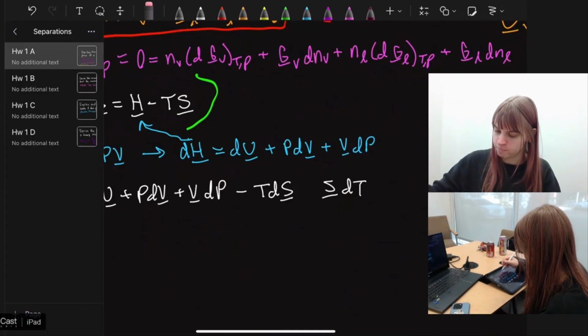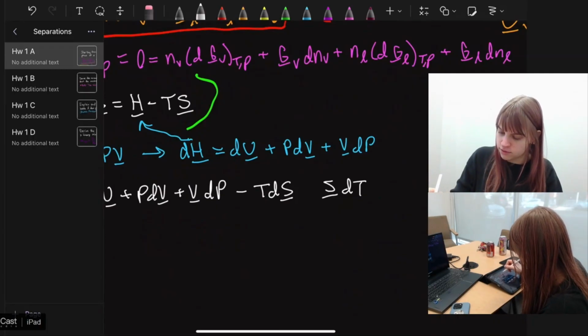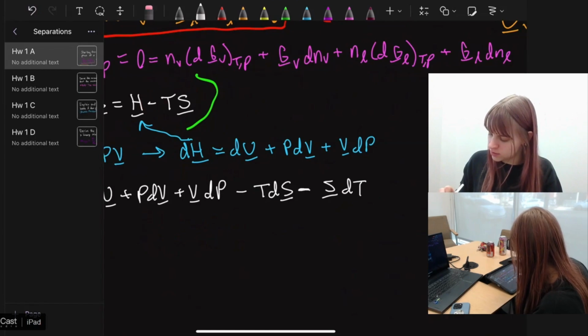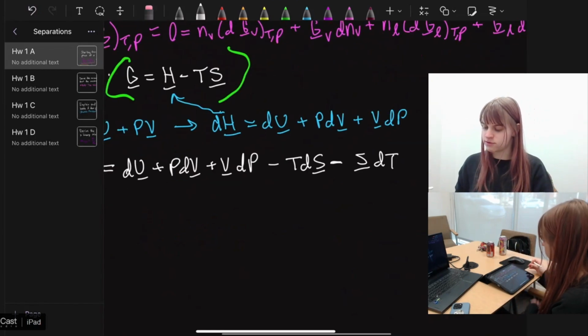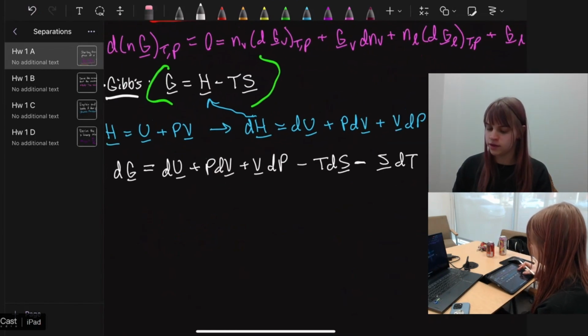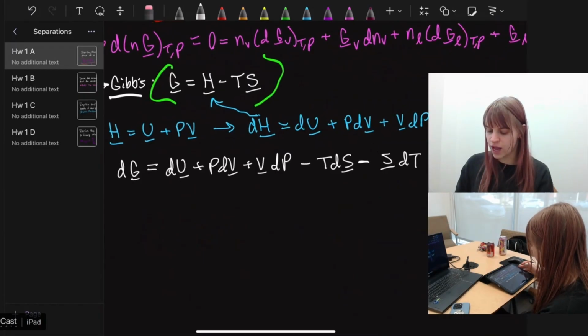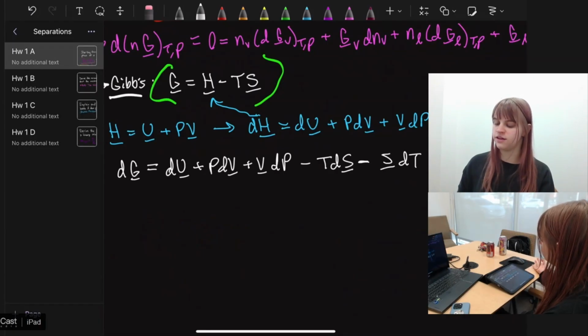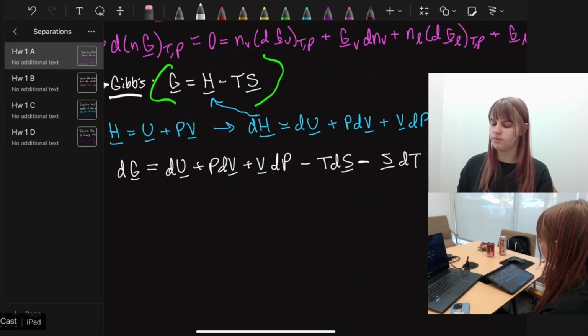Okay, that minus right here should actually carry into that S dT term. So we have the change in Gibbs free energy is equal to the change in internal energy plus the pressure times the change in volume plus the volume times the change in pressure minus the temperature times the change in entropy minus the entropy times the change in temperature.